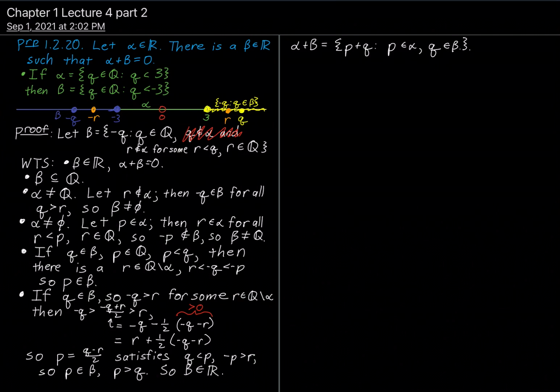So we need to show that this thing is equal to 0, that is, it's the cut that's all the negative rational numbers. So let's pick P in alpha, Q in beta.